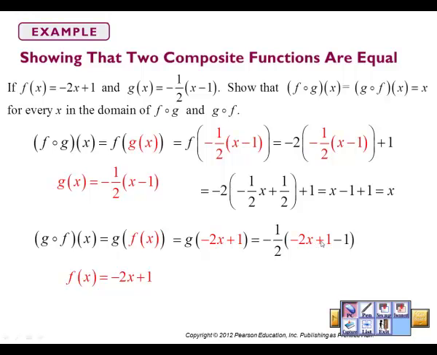And so here the 1's cancel, and after that all we have is a negative 1/2 times negative 2x. The negatives cancel, the 2's cancel, and all we have left is x, just x. So this is a check to make sure that two functions are inverses of each other, and all we have left is just the x.